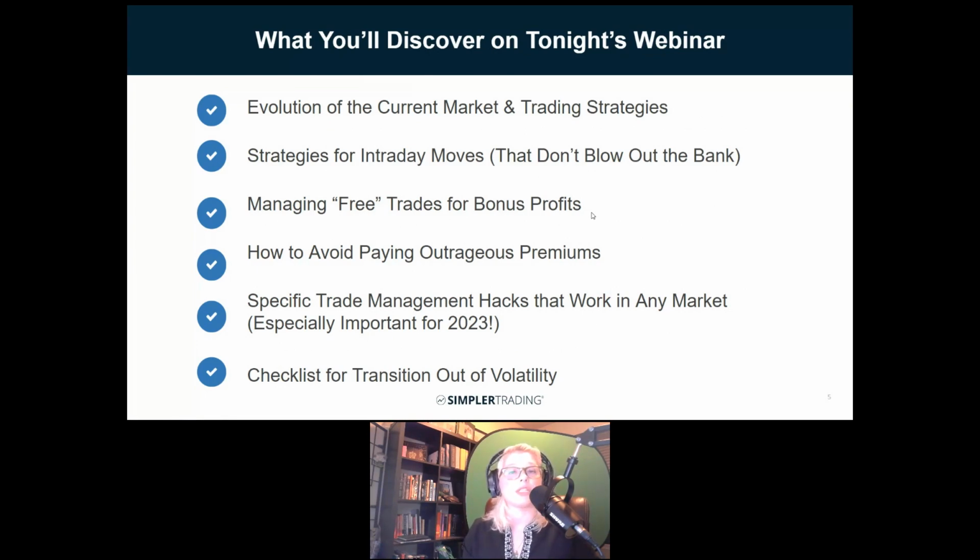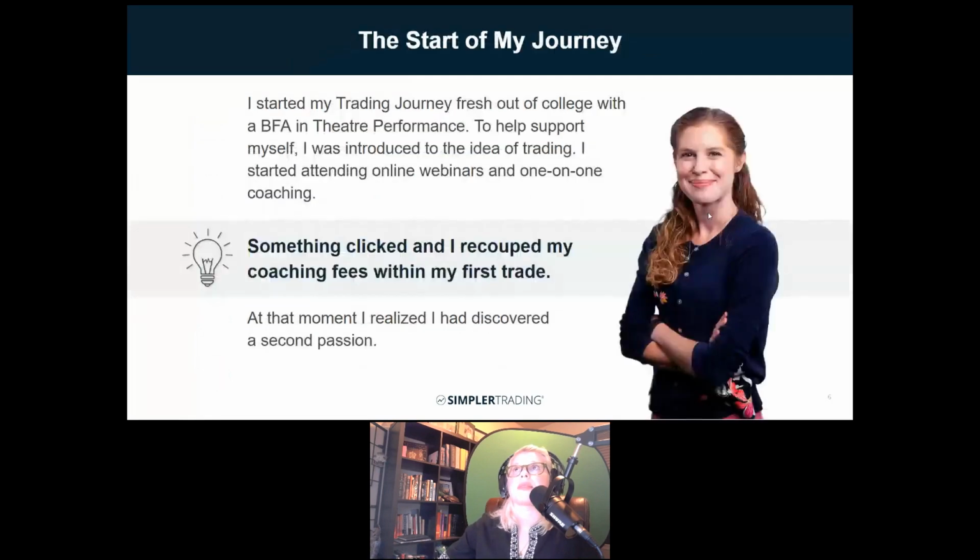And with, unfortunately, the volatility, there comes that spike in premiums. So we'll talk about ways to work around that, as well as specific trade management hacks that have worked in any market, but have been especially important going into this year. And I'll also give you a checklist for transitioning in as well as out of volatility and some of the signs that you can look for to be prepared for that.